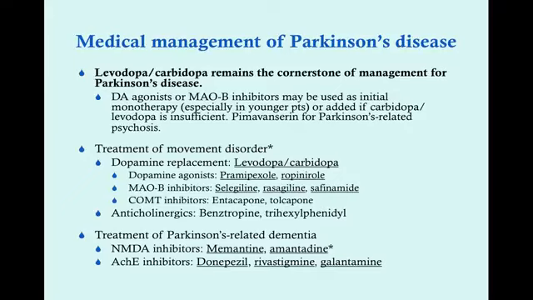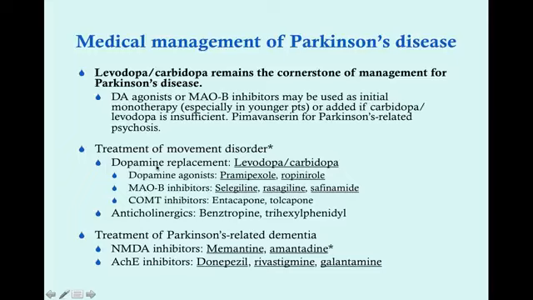Up until recently, we've given these patients Clozaril or Seroquel or Zyprexa, but what's the problem with atypical antipsychotics like those? They're dopamine antagonists, and they're going to worsen the patient's movement symptoms. Nuplazid is really good for treating these patients' psychosis while not exacerbating their movement symptoms.